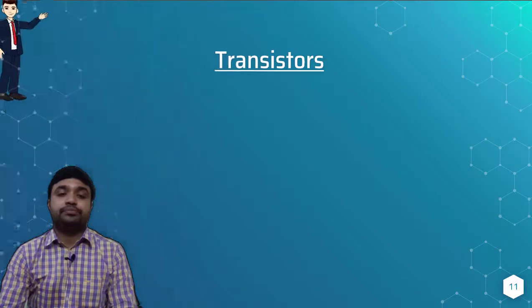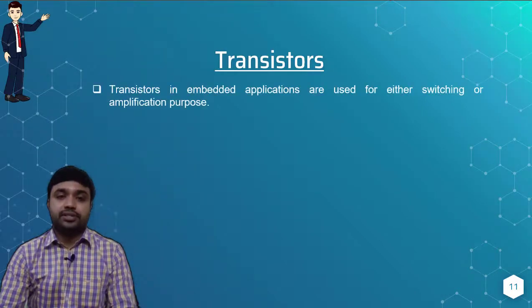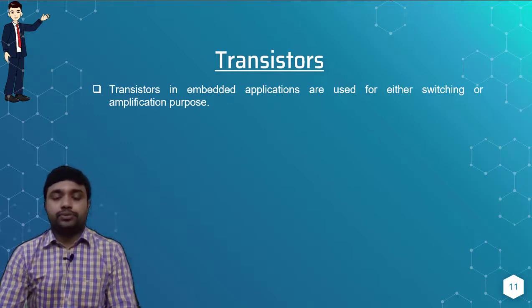Next is transistors. So what about transistors? Transistors in embedded applications are used for either switching or amplification purposes. Either we can make use of the transistors as switches, or otherwise we can consider the transistor for amplification purposes.